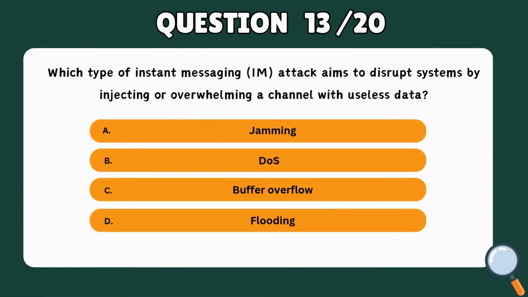Question 13. Which type of instant messaging attack aims to disrupt systems by injecting or overwhelming a channel with useless data? A. Jamming. B. Duster. C. Buffer overflow. D. Flooding. Correct answer.